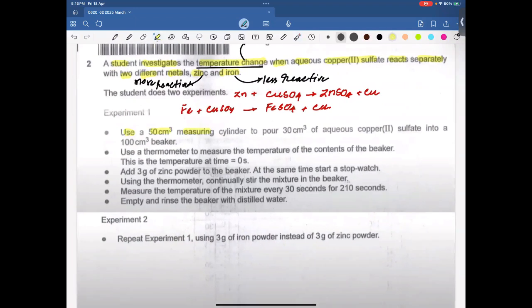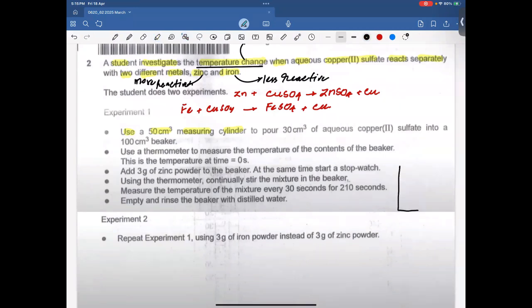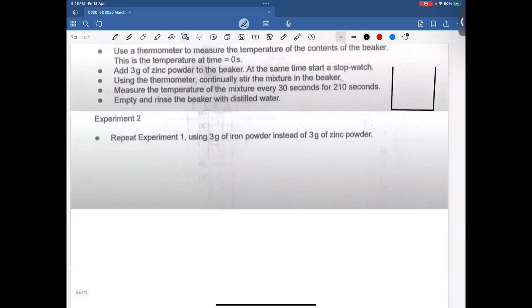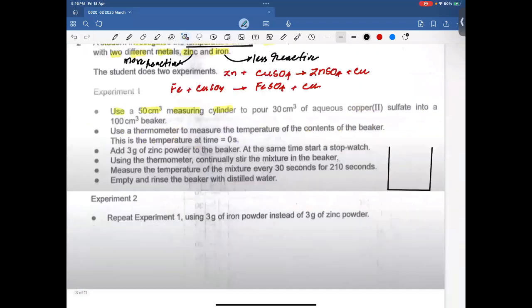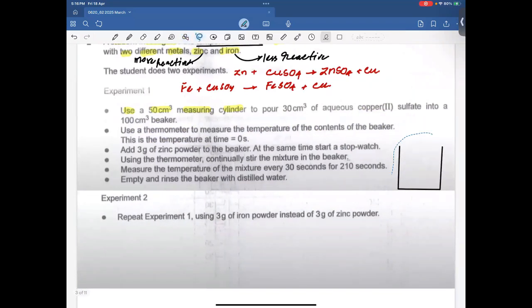Use a 50 cm cube measuring cylinder. Let me draw the measuring cylinder here. Okay. And pour 30 cm cube of aqueous copper 2 sulfate into a 100 cm cube beaker.